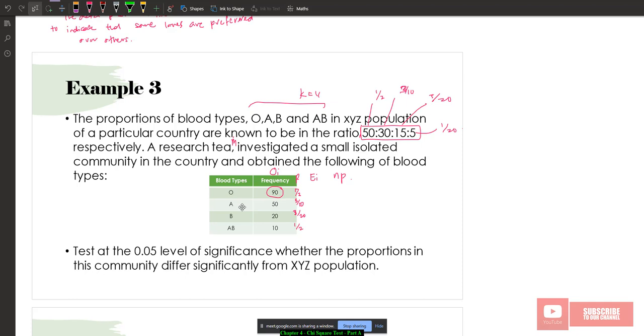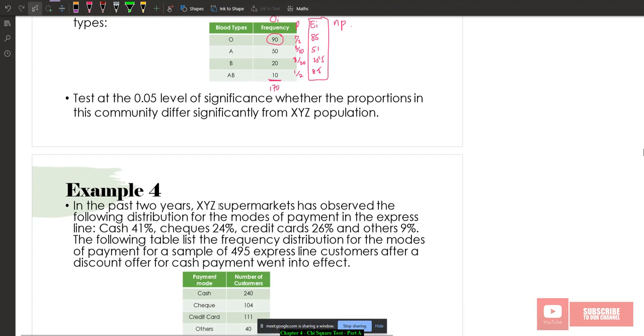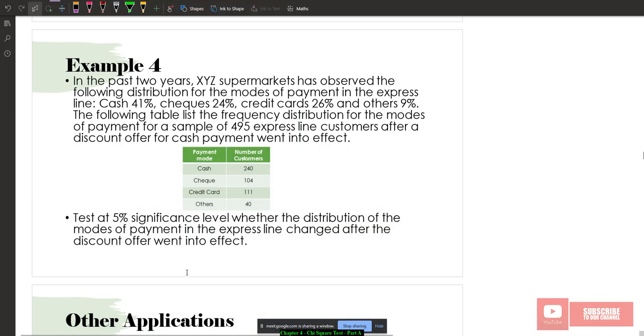And of course, the total here should be equal to 170. So 170 multiplied by 1 over 2 is 85. This is 51. This is 25.5. This is 8.5. So by looking at this, all are more than 5. So you can proceed, right? So the steps are the same. So hope you understand how to solve example number 3. And example number 4 is the same as example number 3.